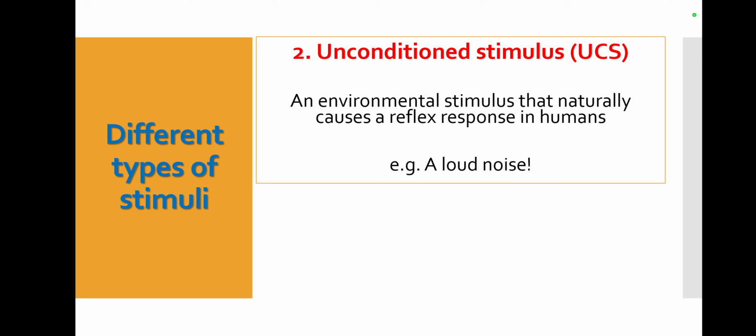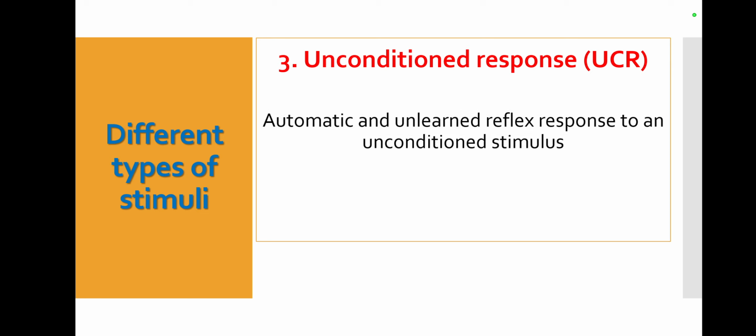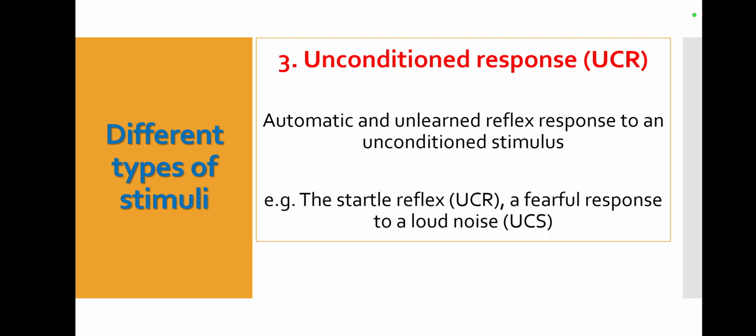The unconditioned response towards a loud noise in a human is to be afraid, it's to panic, it's to jump. So that then leads us into the UCR. An unconditioned response is an unlearned reflex response. So it's something that's automatically there towards one of those unconditioned stimuli. All right, so the startle reflex, the UCR, is what we would have in response to a loud noise.